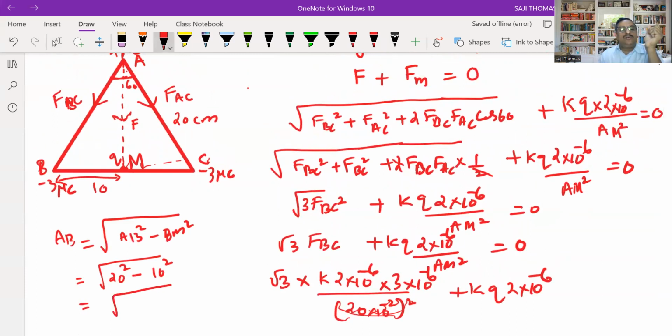So root of, what are you getting? 400 minus 100 equals root of 300. So you are getting root 3 into 10. This is in centimeter, right?